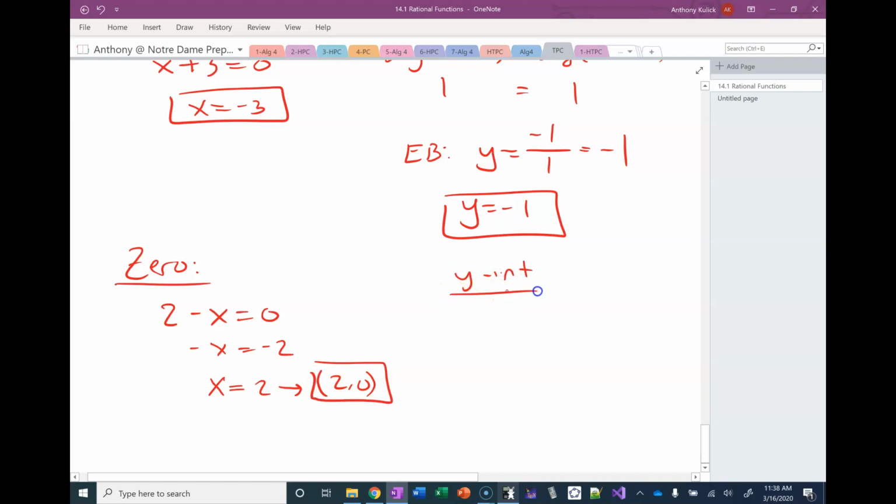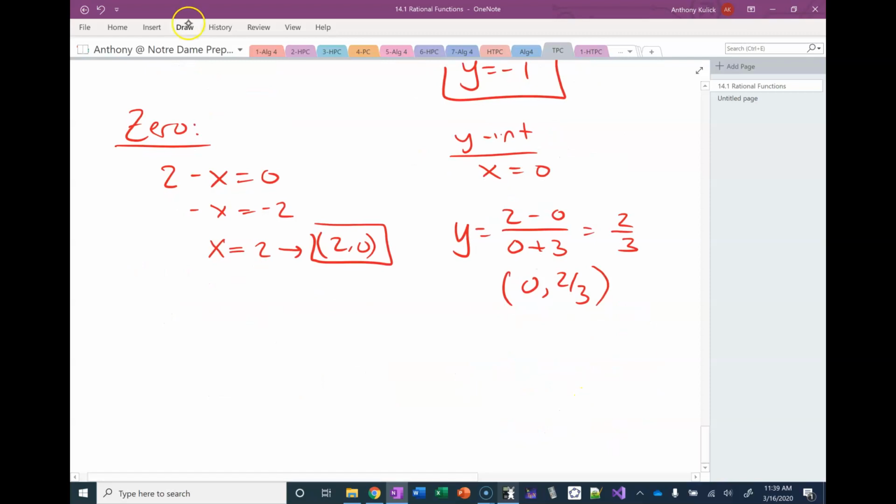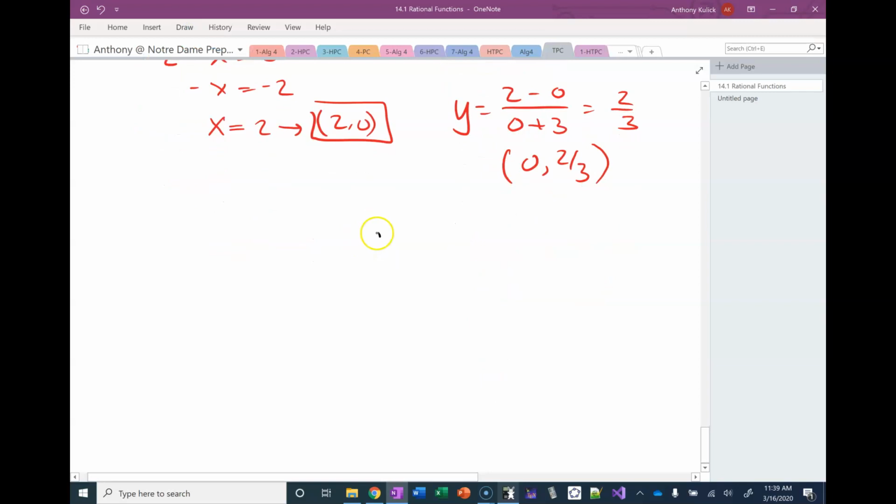For the y-intercept, I'm going to plug in x equals 0. So I have y equals 2 minus 0 over 0 plus 3. So I get 2/3, or the point (0, 2/3). Okay, let's draw our xy axis and get all this information on there.